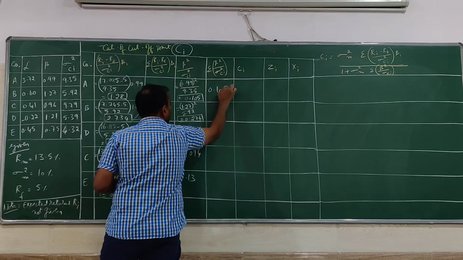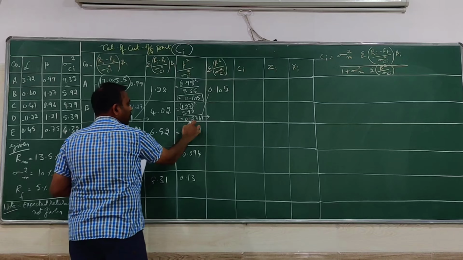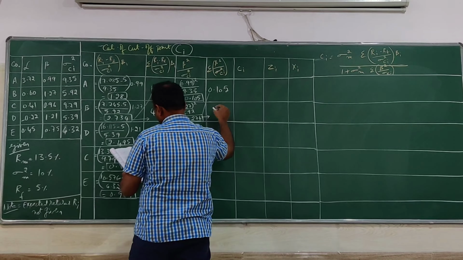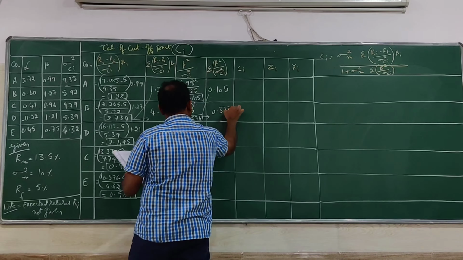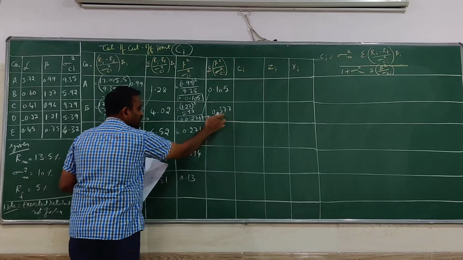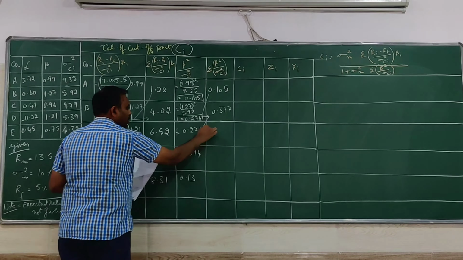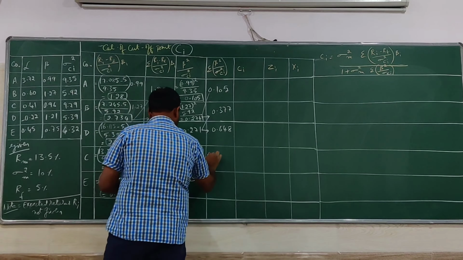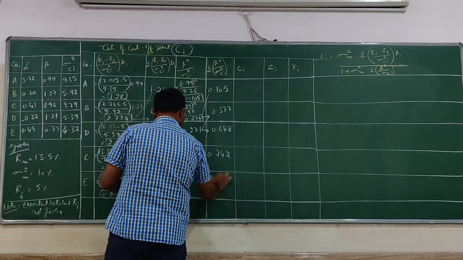So like cumulative frequency we have to do. That is going to be done for this column also. 0.105 plus 0.276, 0.377. Similarly 0.377 add further the value 0.271, 0.648, next 0.742, 0.872.